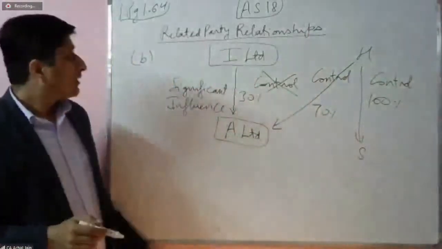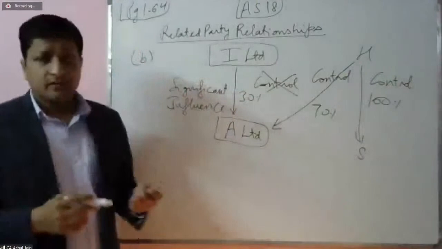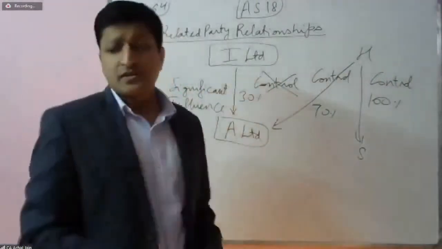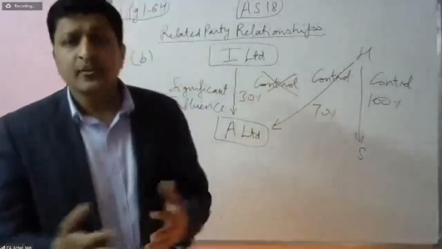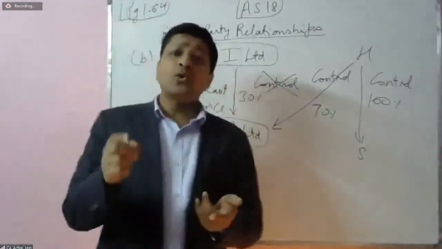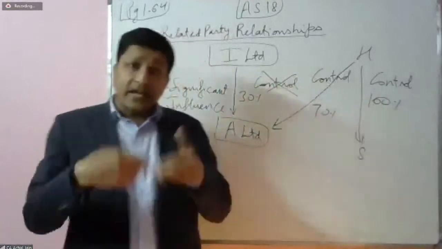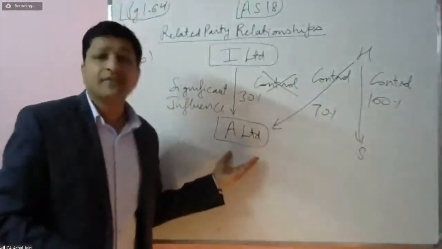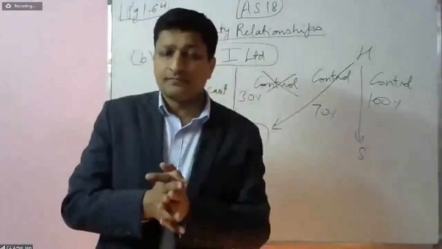But 30% shares of A are held by whom? I. So now because of these 30% shares, I will also get some voting power. I may not be able to direct the decisions, but whenever the decision making will be done, whenever the board meeting will take place, I will be there to participate.